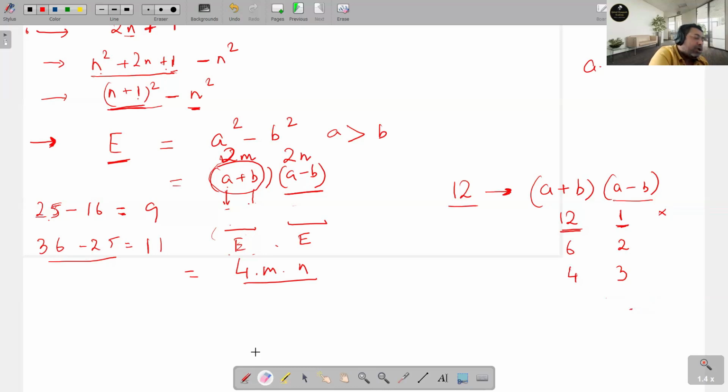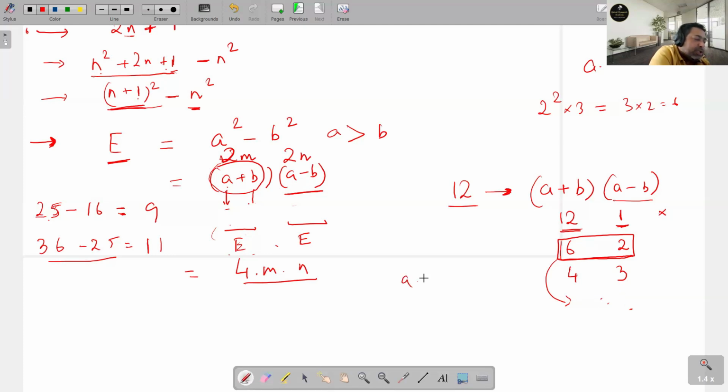Okay, so how many factors does 12 have? First of all, 12 is 2 square into 3. So 12 has 3 times 2, which is 6 factors, and we've listed all the 6 factors as 3 pairs. Now, only this one we can consider because both of them are of even parity, as we discussed.